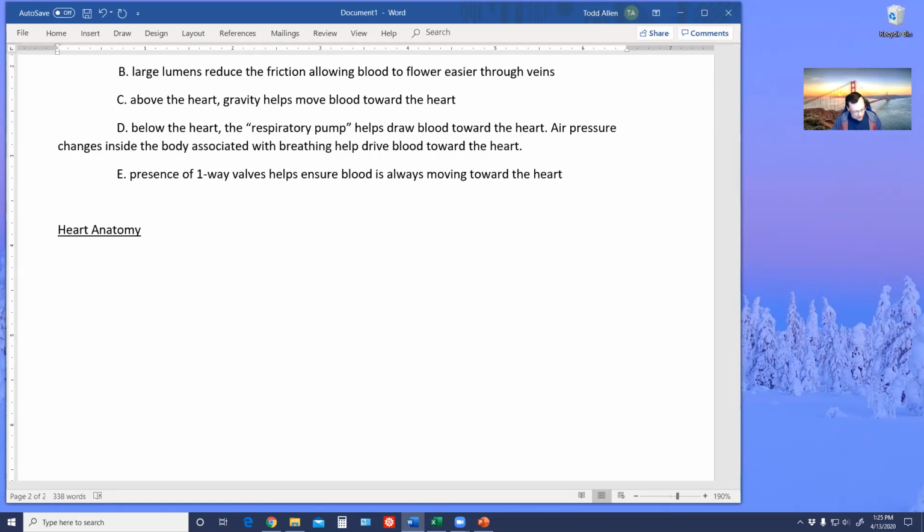First off, let's mention the myocardium. The myocardium is the muscle tissue of the heart. It makes up most of the heart mass.